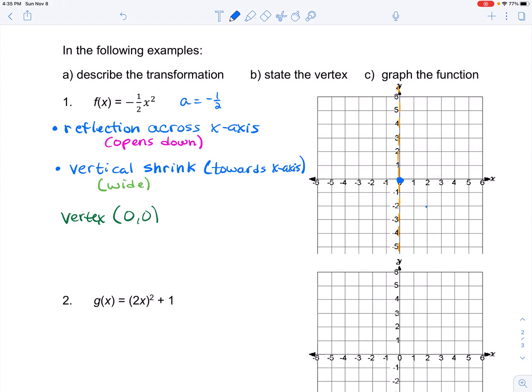So +2, -2. And then our mirror image. And if I put in 4, squared is 16, half of that is 8. I don't have that on my graph, so let me try 3. 3 squared is 9 times negative 1/2. That would give me negative 4.5. I can fit that. So 3, negative 4.5. And its mirror image. And connect your dots. So I have my 5 points.